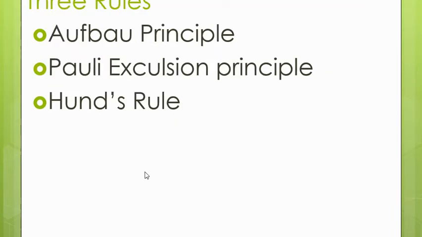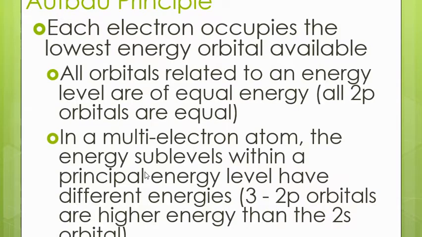They have to follow three rules: the Aufbau principle, the Pauli exclusion principle, and Hund's rule. Aufbau simply says that they have to occupy the lowest energy levels available first. And in multi-electron atoms, they're going to go into those sublevels where the energy is lower first and then into the higher ones.